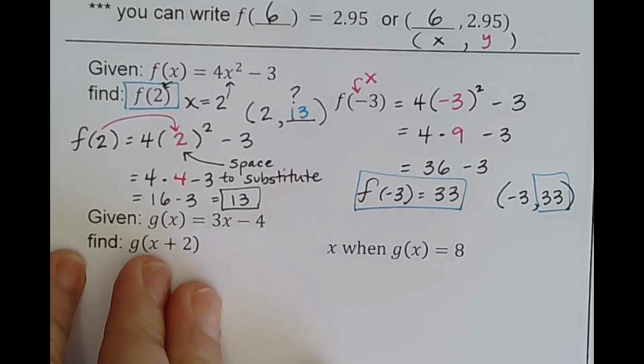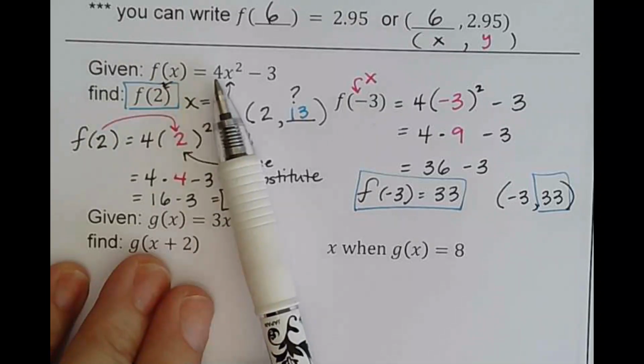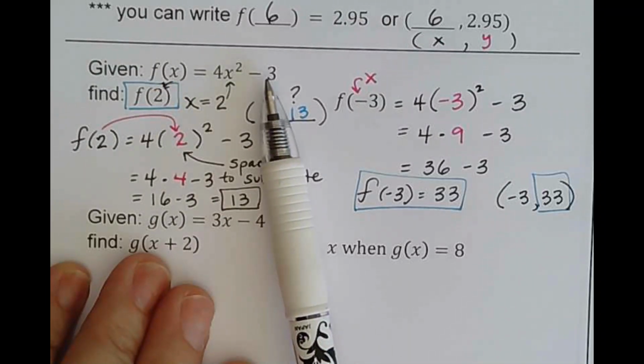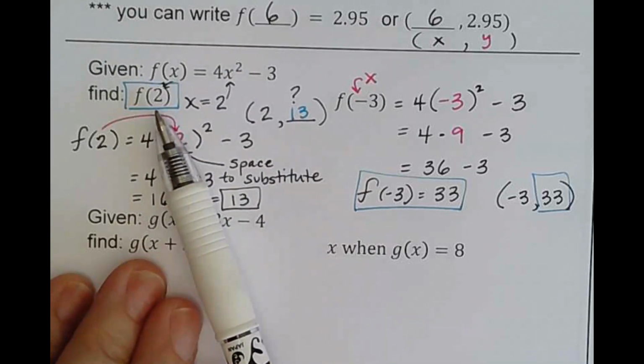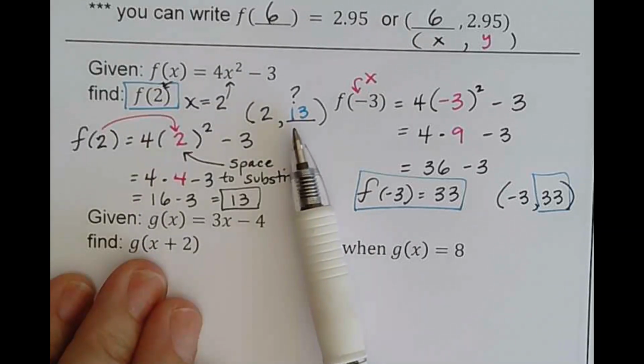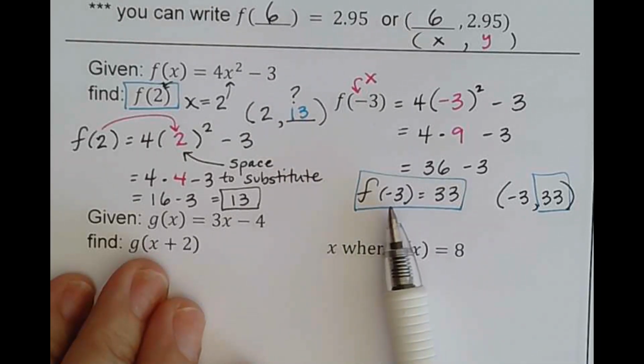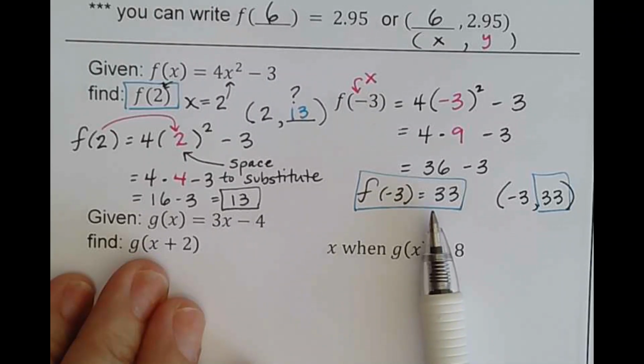When I finish my calculation, I find that f of negative 3 is 33. I can check this by graphing my original equation, 4x squared minus 3, and then checking my graph or my table. I can look where x is 2 and verify that y is 13. I could also check where x is negative 3 and verify that y is 33.